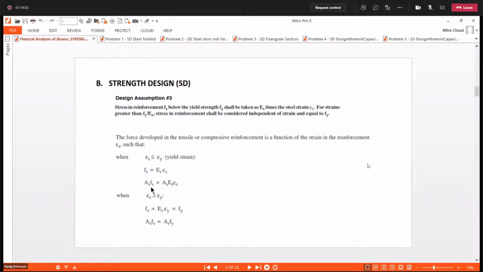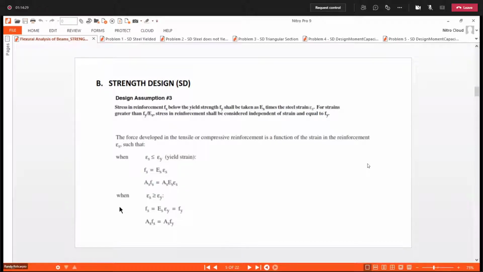Therefore, it will be equal to As times Fs, and Fs will be equal to Es epsilon s. This is how we solve our tensile force, and also how we determine Fs, the stress in the steel, if the strain in the steel is less than the yield strain.